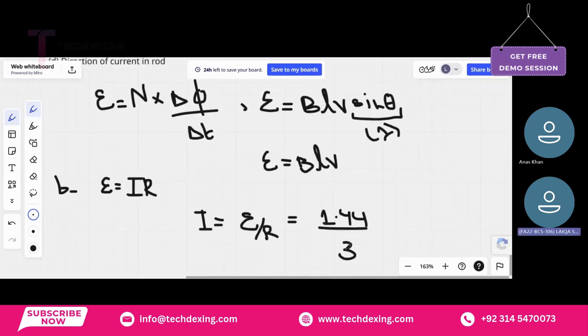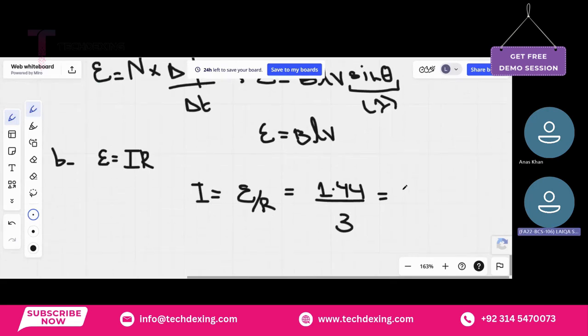So the value for the current would be 0.48. But what's the unit? It's amperes.